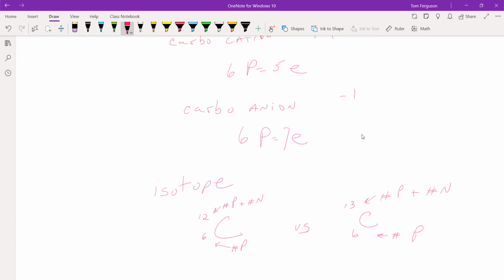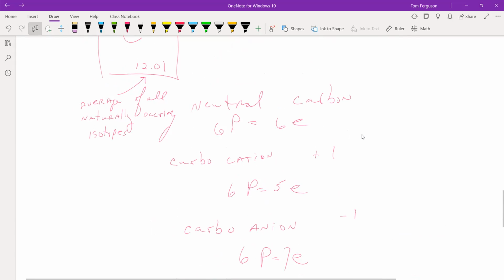Good question. That's a really good question. Thank you. There are 2 units we're going to be using here: grams per mole and AMU. So if we took a mole of carbon atoms, 6.02 times 10 to the 23rd, it would weigh 12.01 grams.